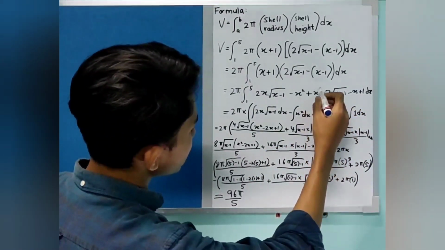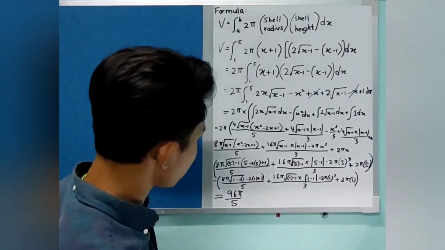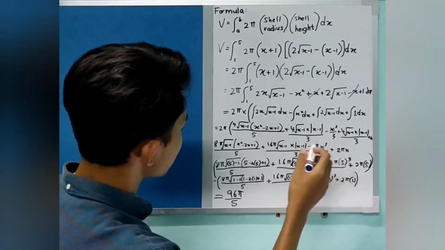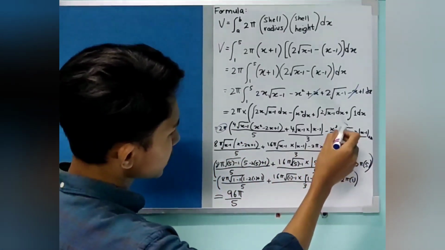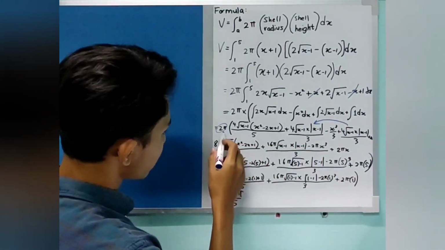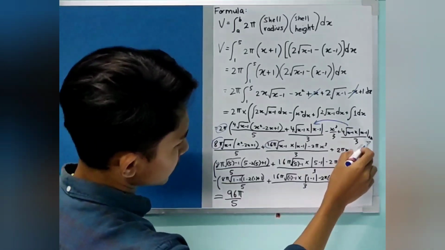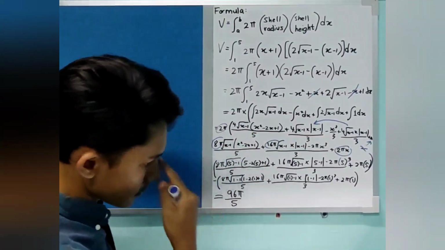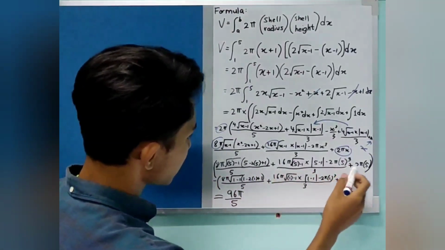Here we remove this, and now we multiply all this equation with 2 pi from here, and this we can just plus with this and multiply with this. We got this, and with x here we got this, which 2 multiply with 2 pi. And now we got this equation.